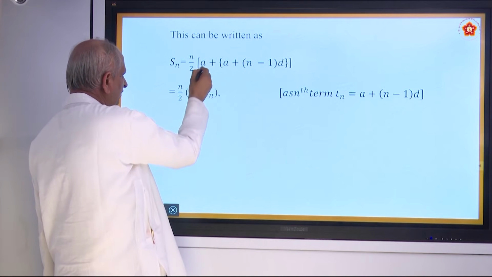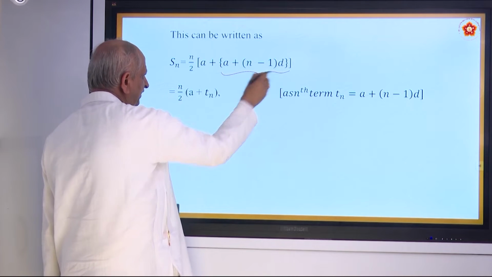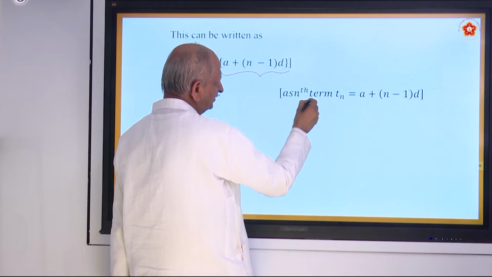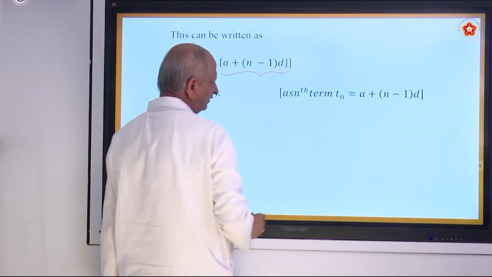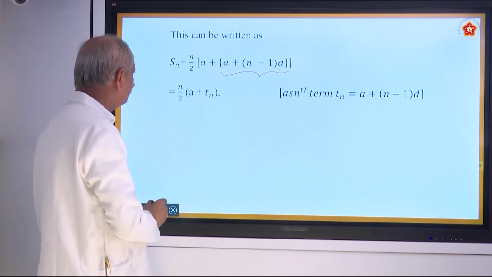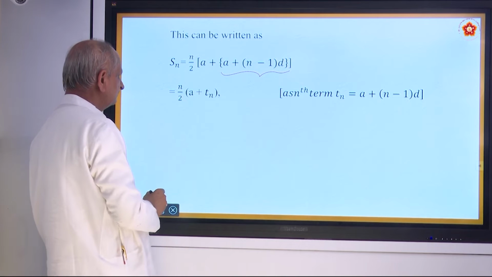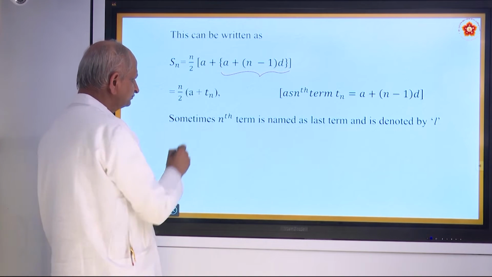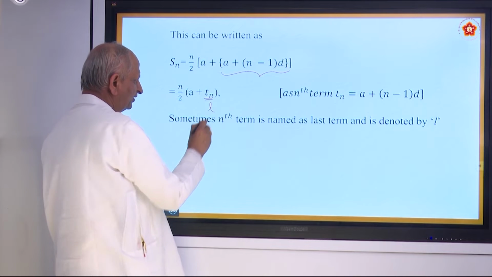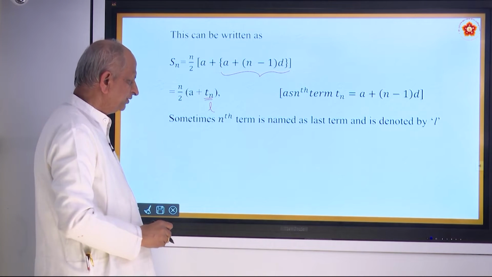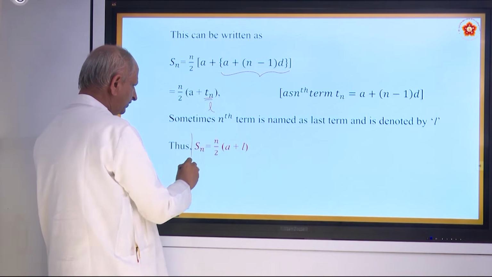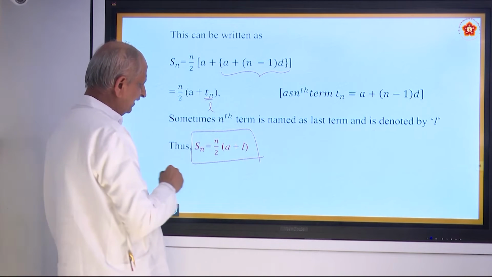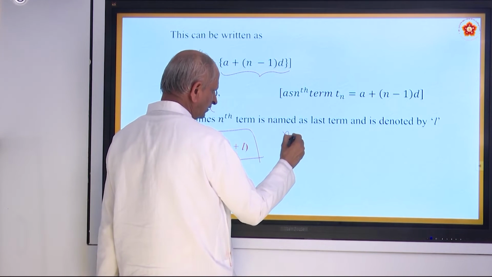That is n by 2 into a plus Tn. The nth term Tn is equal to a plus n minus 1 into d. Sometimes the nth term is named the last term, so you can write it as L. The formula becomes so simple: Sn is equal to n by 2 into a plus L. What is n?